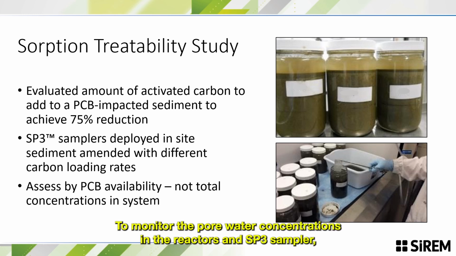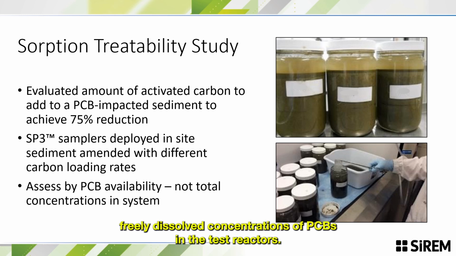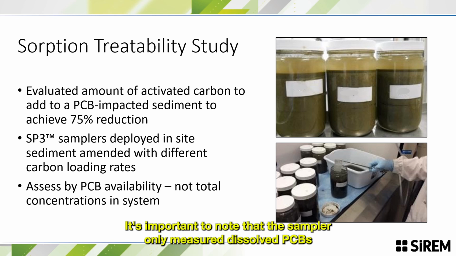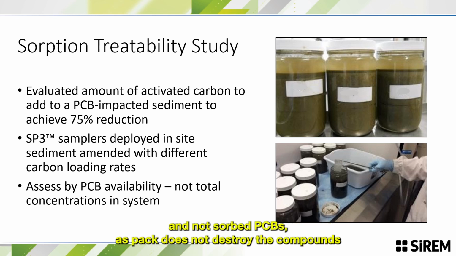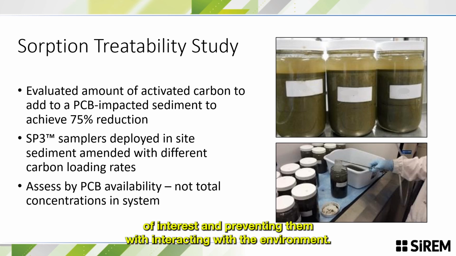To monitor the pore water concentrations in the reactors, an SP3 sampler, which is a polyethylene-based passive sampler, was used to measure freely dissolved concentrations of PCBs in the test reactors. It's important to note that the sampler only measured dissolved PCBs and not sorbed PCBs, as PAC does not destroy the compounds it treats, but does sorb them strongly, immobilizing the contaminants of interest and preventing them from interacting with the environment.